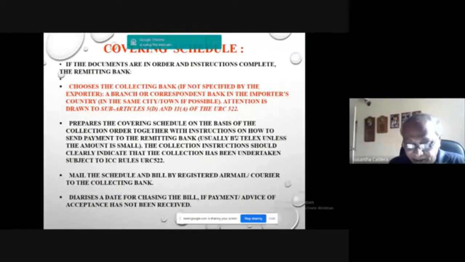The bank will utilize the bank nominated by the principal as the collecting bank. In the absence of such nomination, the remitting bank will utilize any bank of its own or another bank's choice in the country of payment or acceptance, or in the country where other terms and conditions have to be complied with. Right? Then 11A.